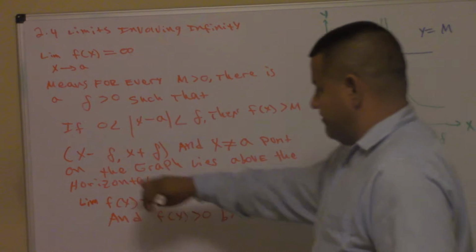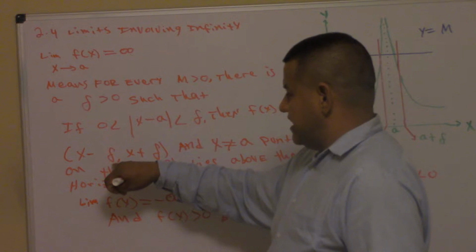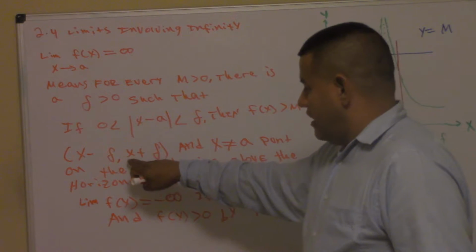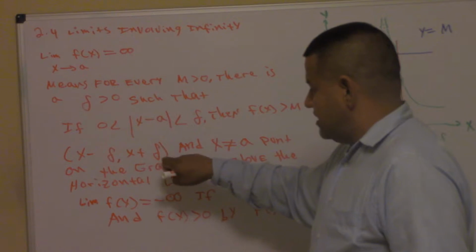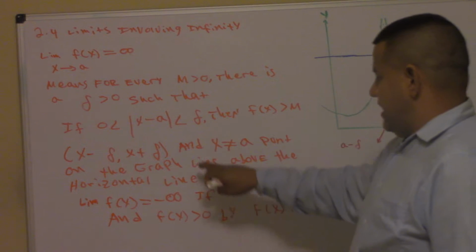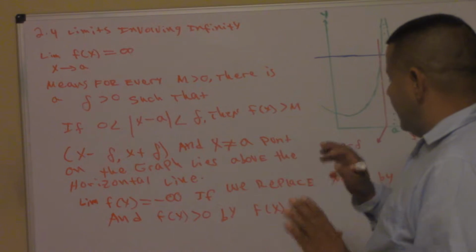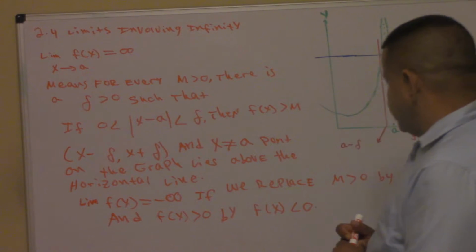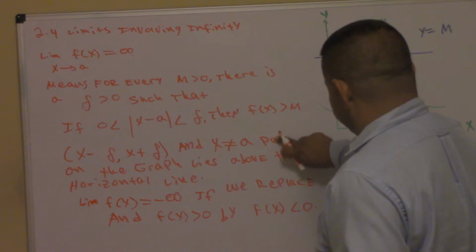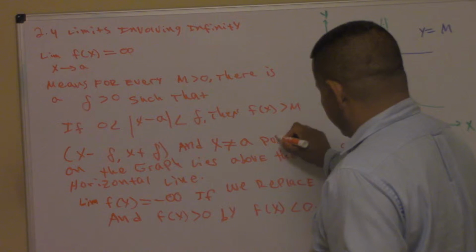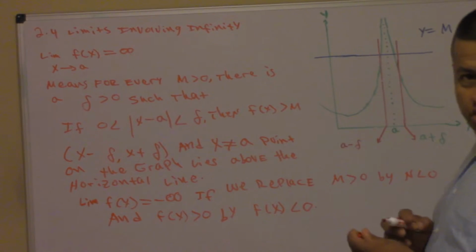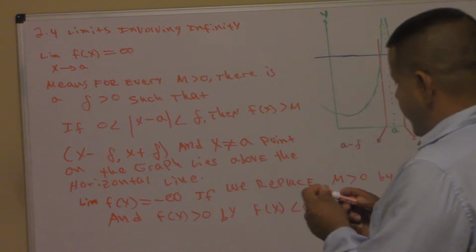So we have x minus the Greek letter delta and x plus the Greek letter delta. And x cannot equal a. That's very important. x cannot equal a.